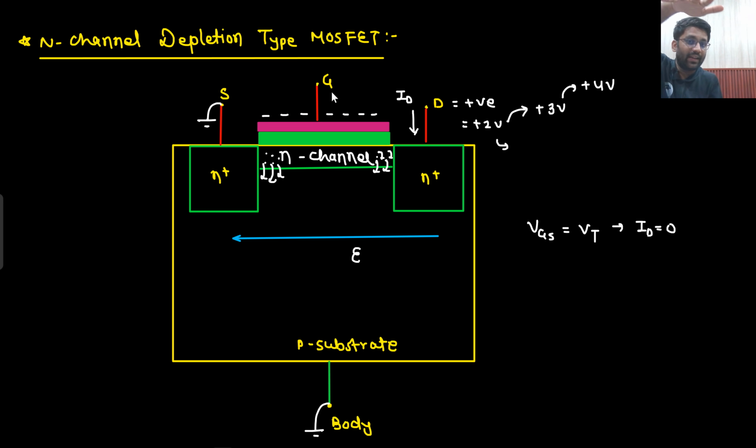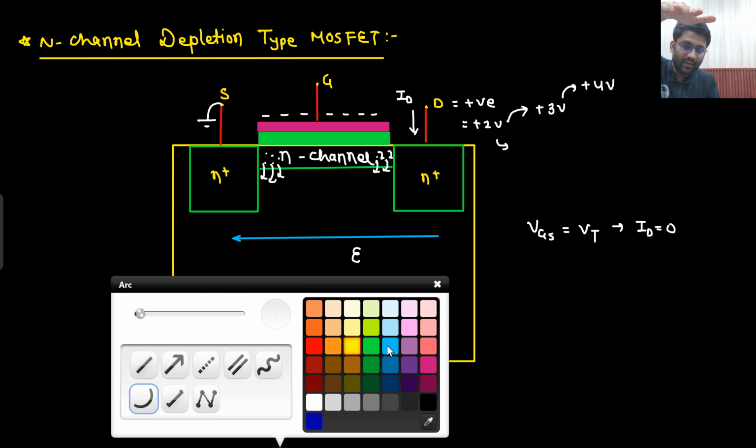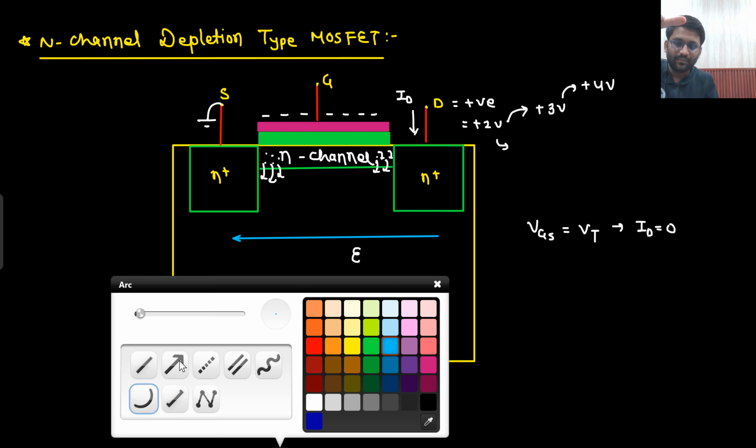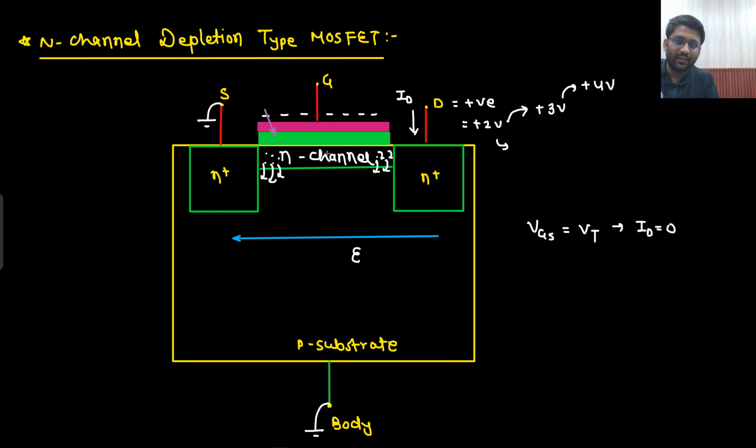But when I am applying a negative gate potential, a uniform electric field is there, in the downward direction. So the channel will be depleting uniformly.